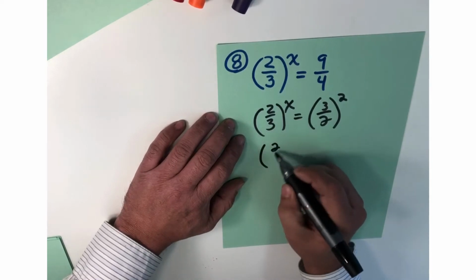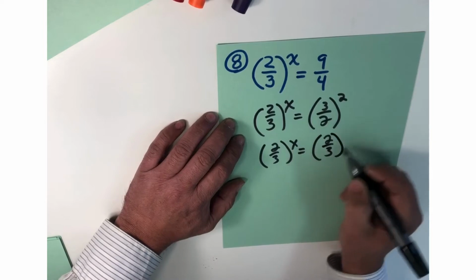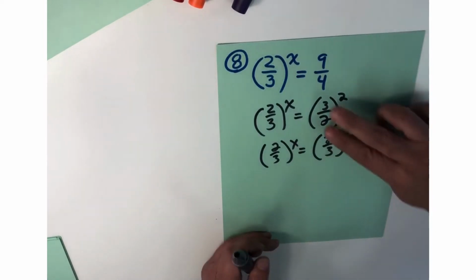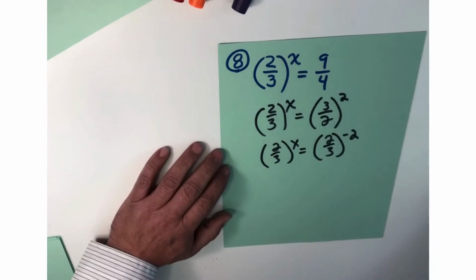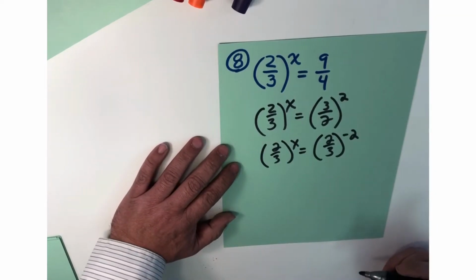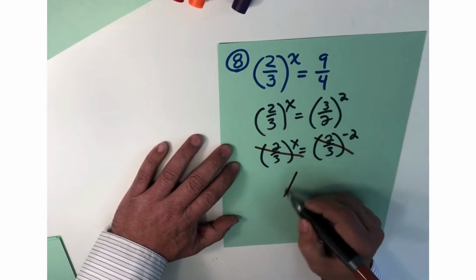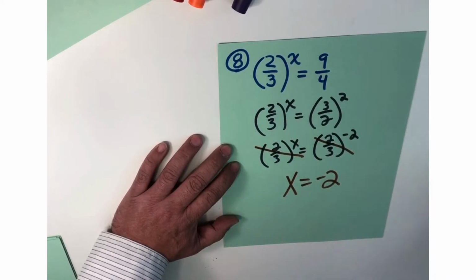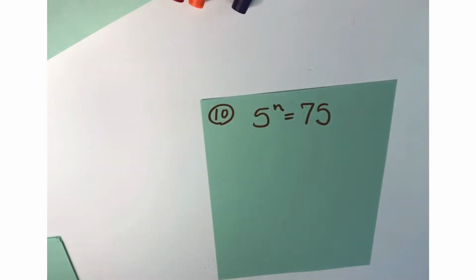In other words, 2/3 to the x is equal to 2/3 to the negative 2. You switch these around and you change the exponent to a negative. In other words, you essentially make it unhappy. What this will do is it'll allow you to have common bases which you can cancel, and therefore x is equal to negative 2.